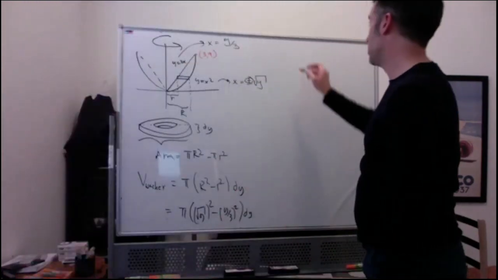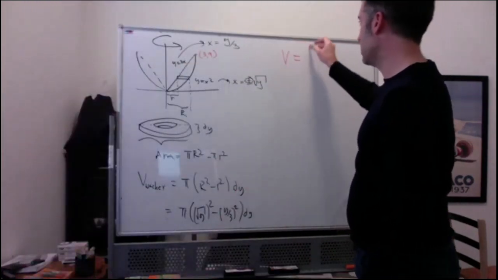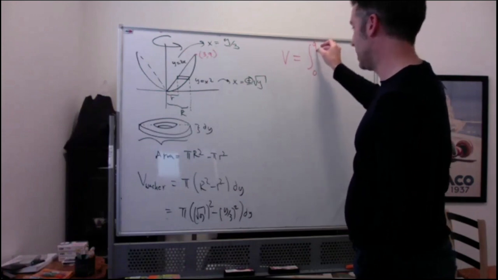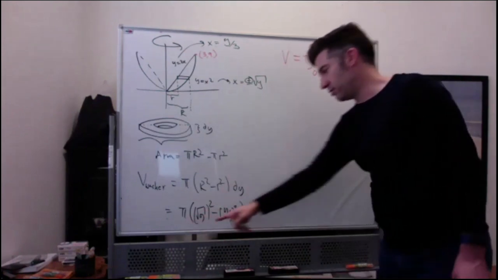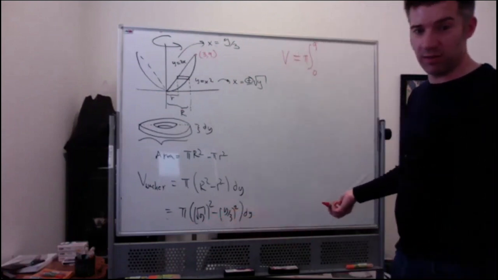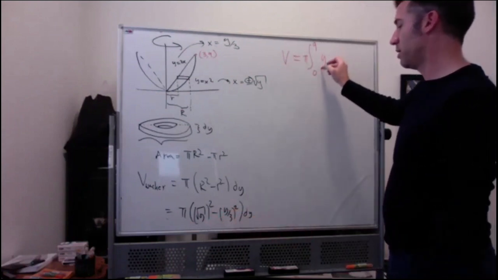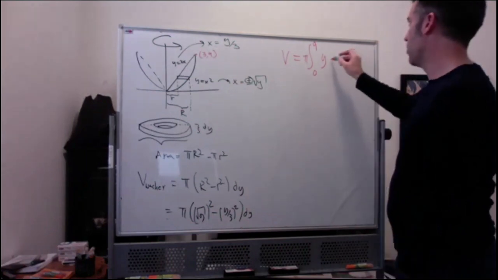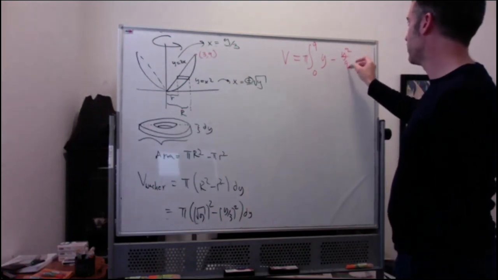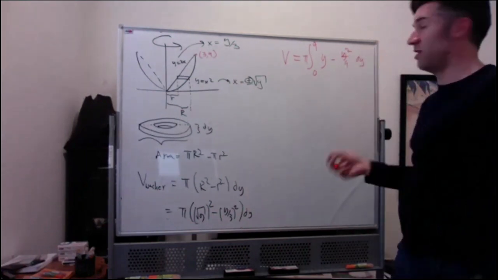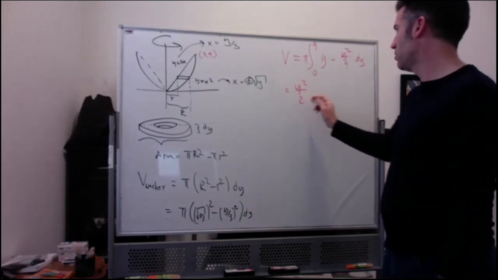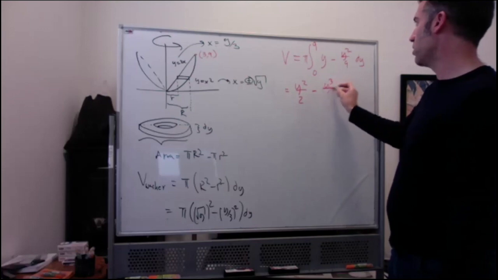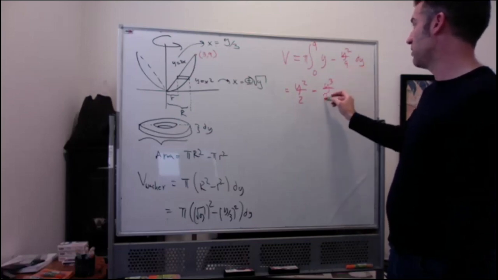So the total volume is the integral from 0 to 9 of pi, with the pi in front, times this squared minus this squared. I'm going to simplify a little bit. The square root of y squared is y. y over 3 squared is y squared over 9. And then we're going to do the math. So we're going to get y squared over 2 minus y cubed over 3 times 9, which is 27.